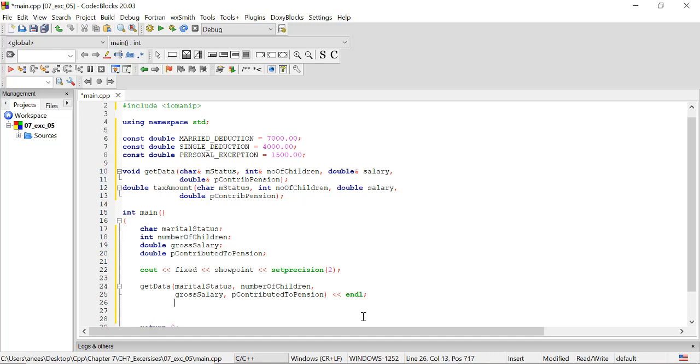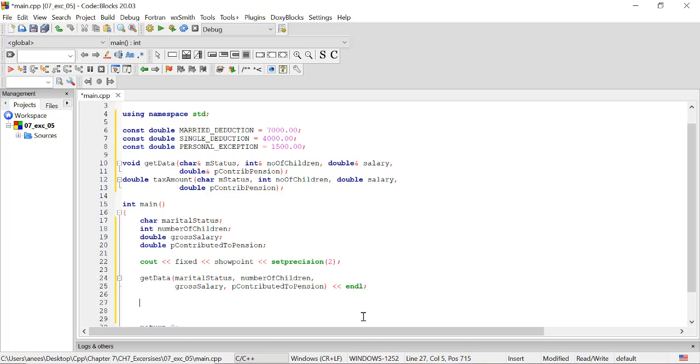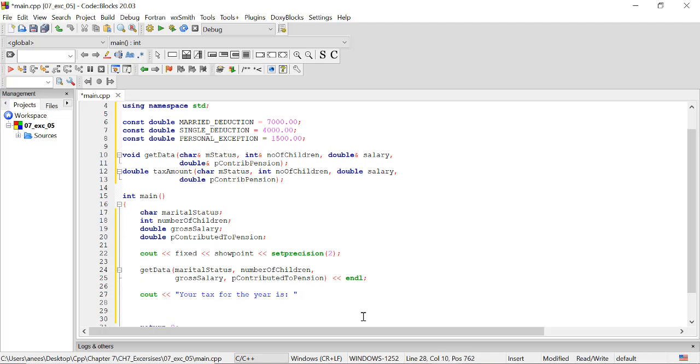And then we enter cout, your tax for the year is, tax amount. We copy and paste what's in here.